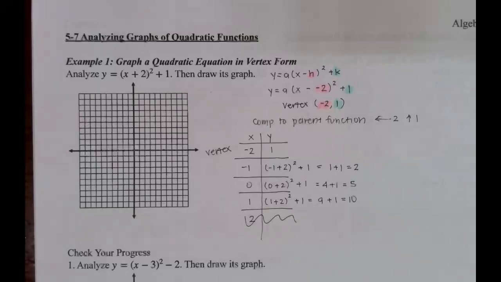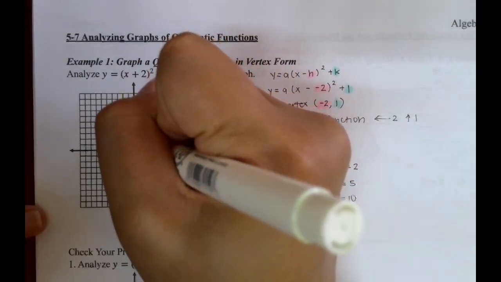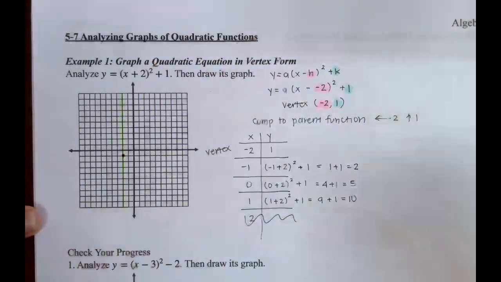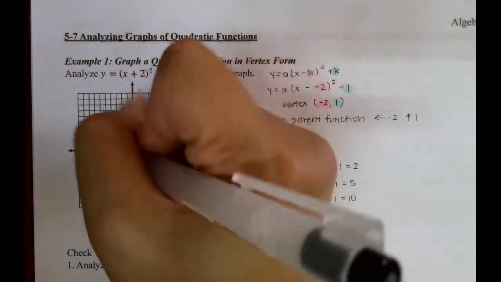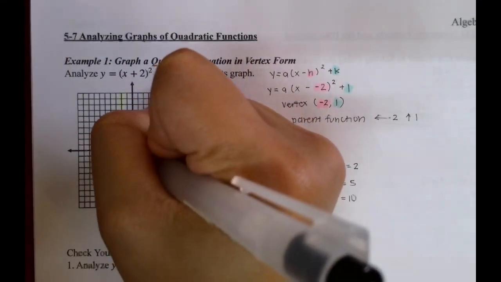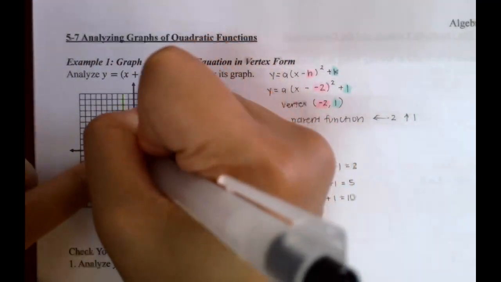Okay. So since this is my vertex at negative 2, comma 1, the axis of symmetry is going to go through this vertex. Then graphing my next point, so negative 1, comma 2. Negative 2, comma 1 is here.